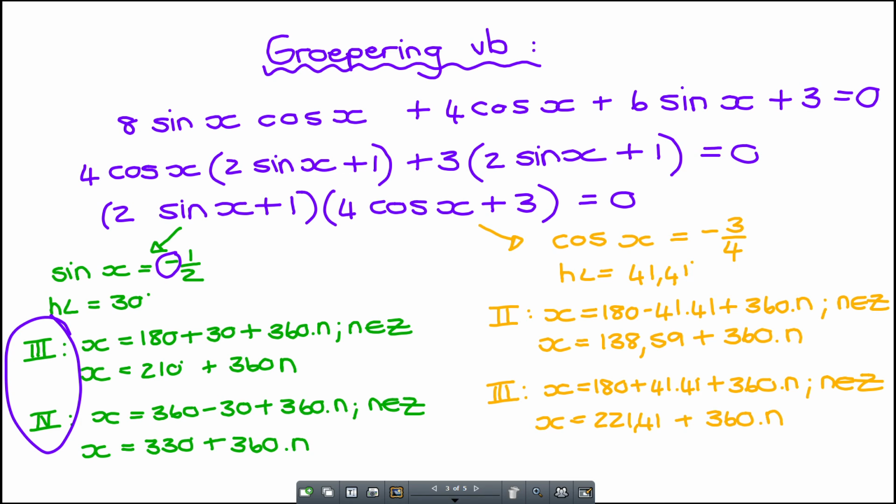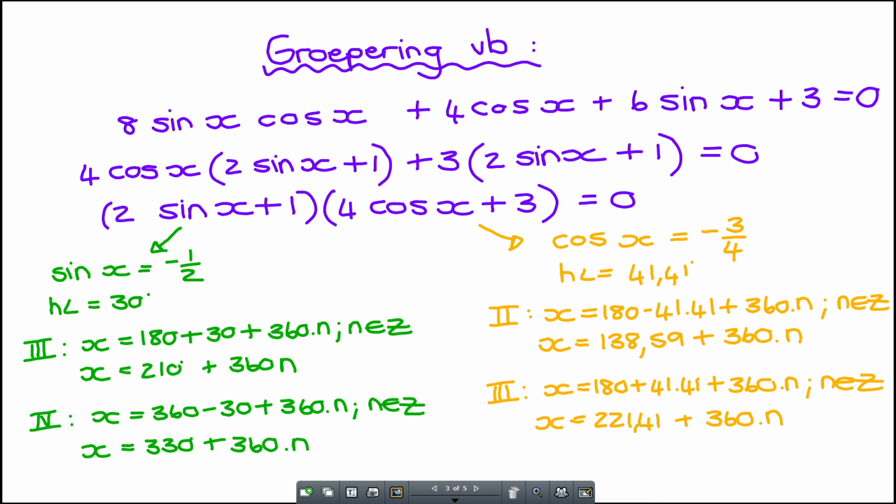Are you with me? Good. So in quadrant 4, I'm going to say 360 minus the help angle, and then obviously plus 360n, element of integers. Then 360 minus 30 gives me 330, and I still have to have plus 360n. Any questions at the green?